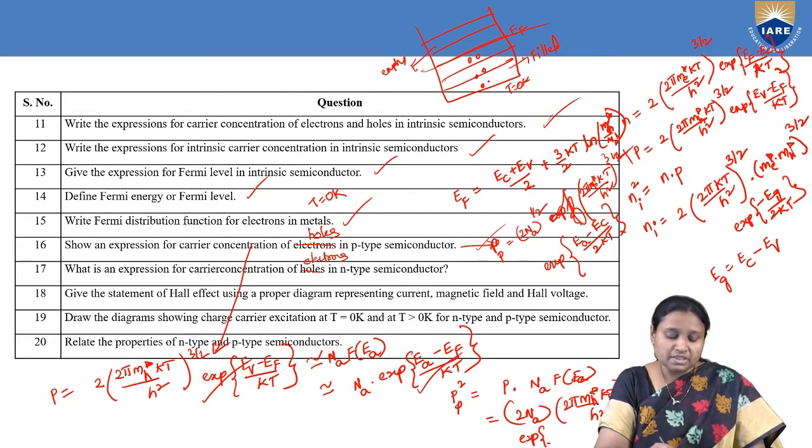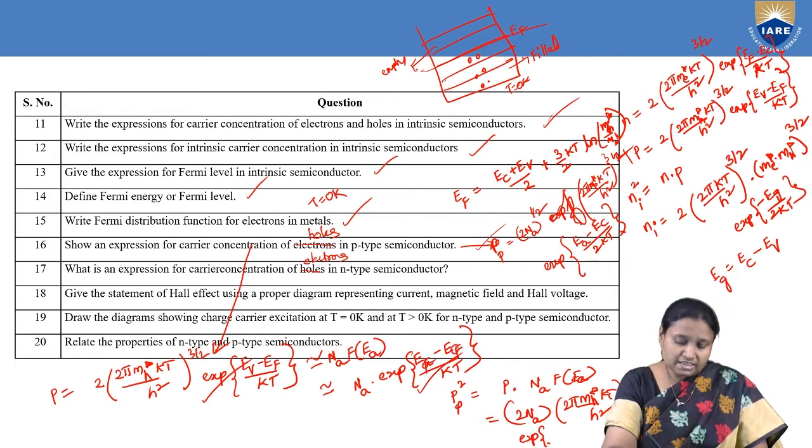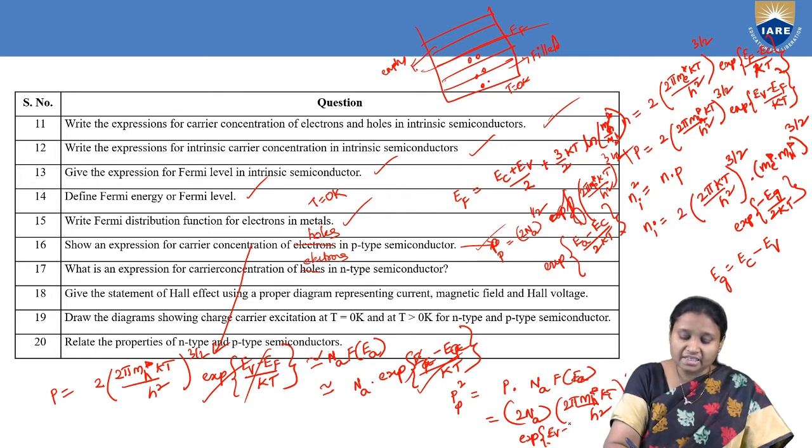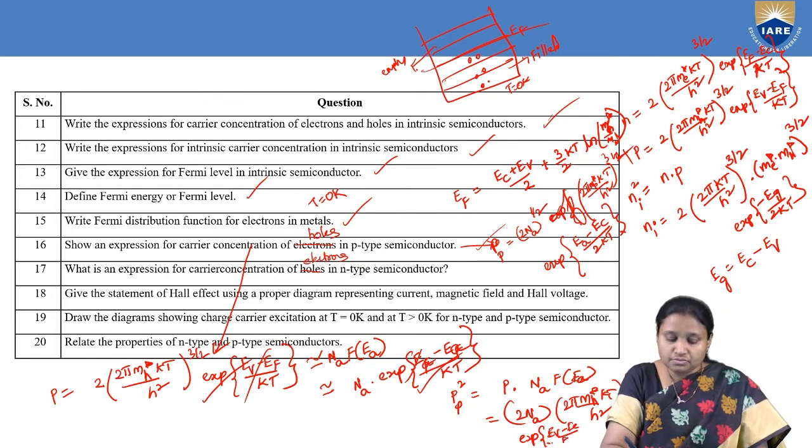If we consider these two expressions, this is (EF − EA)/kT. So EF will get cancelled, and it will become (EV − EA)/kT.